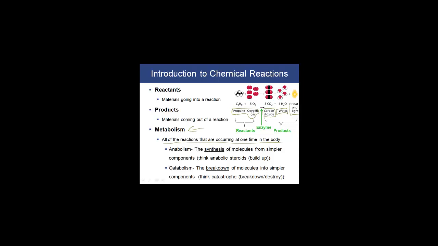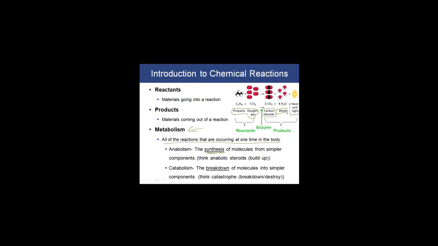And we can divide metabolic reactions into two main groups. We have anabolism. Anabolism or anabolic reactions involve the synthesis of molecules. You're physically building molecules up. If you think anabolic steroids used to pump up a bodybuilder, they're building muscle mass.